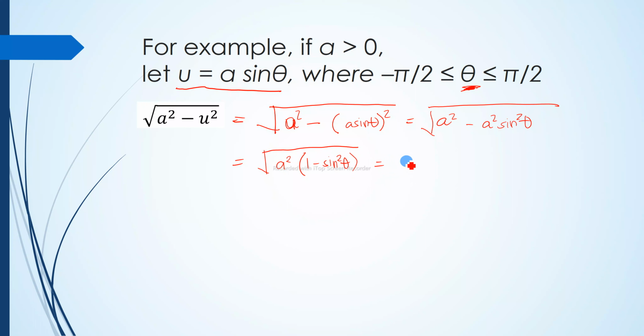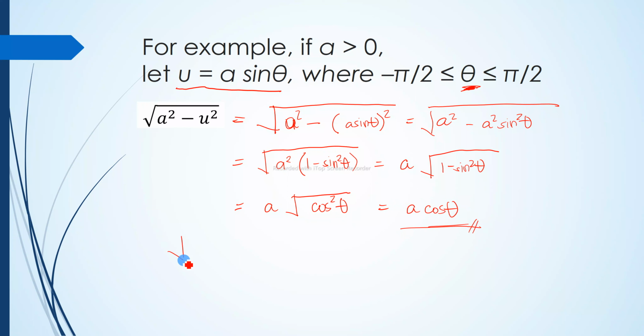So the square root of a squared, we can let that out, then we will have the remaining 1 minus sine squared theta. Now, how can we remove the radical sign? We know that 1 minus sine squared theta is equal to cosine squared theta, and the square root of cosine squared theta is just cosine theta.